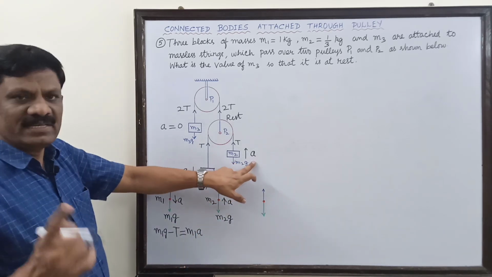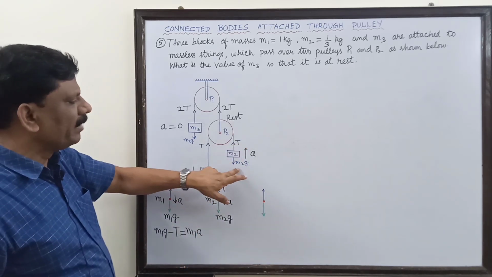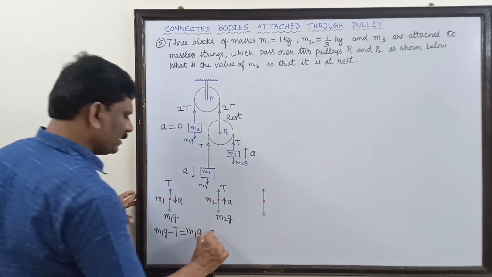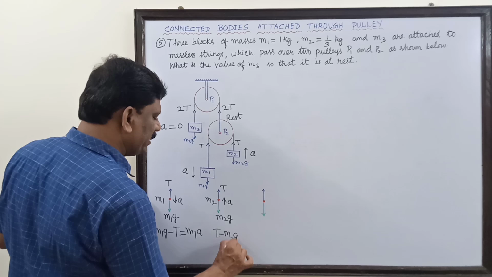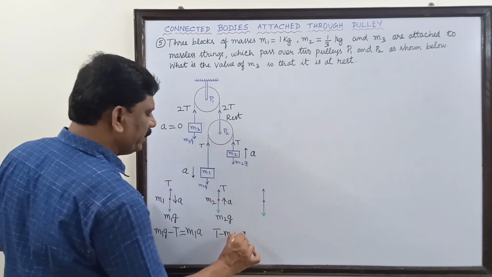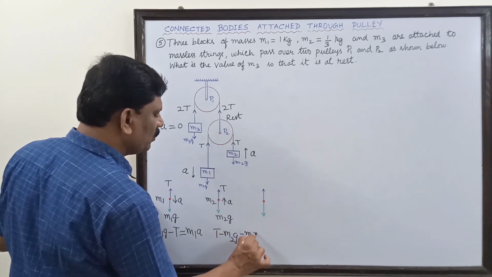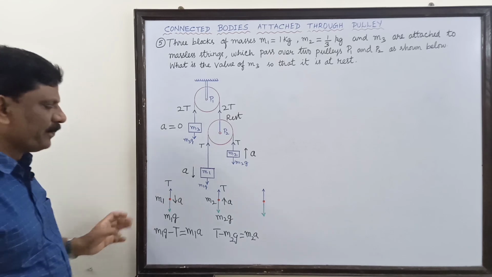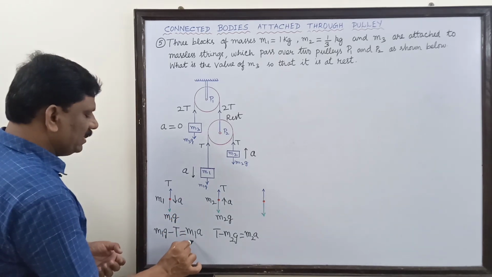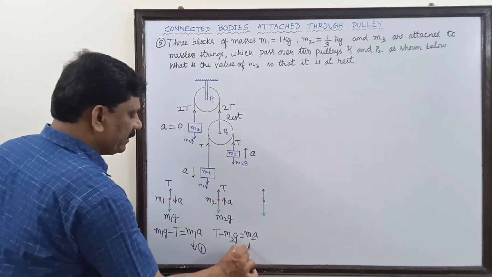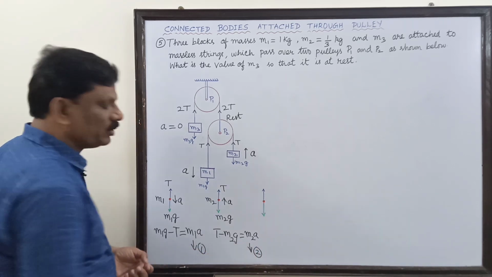Since the acceleration is upward, I will write the equation T minus m2g is equal to m2 into a. This is called equation 1 and let us call this equation 2.